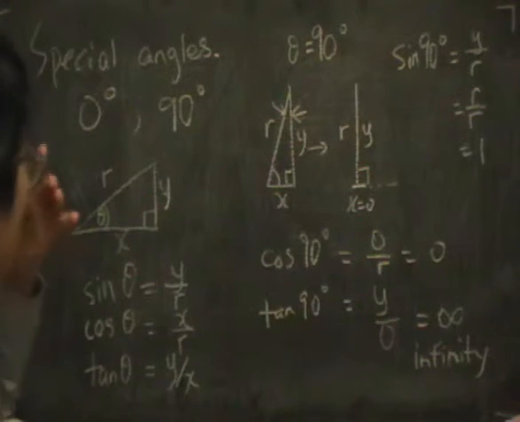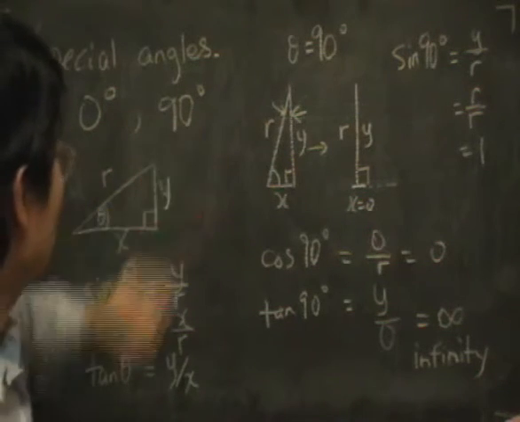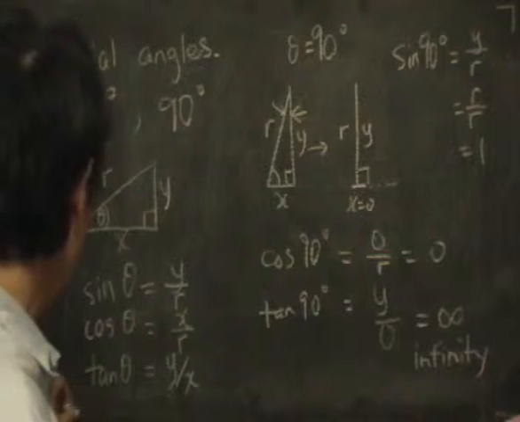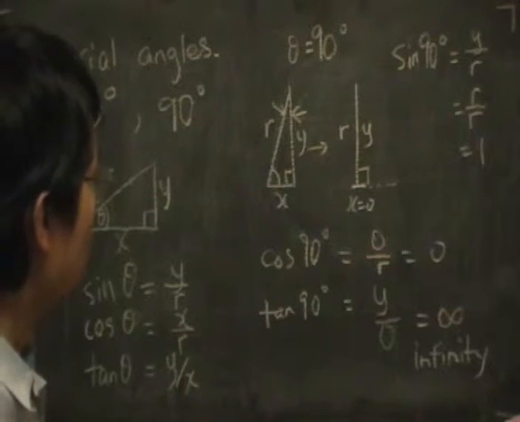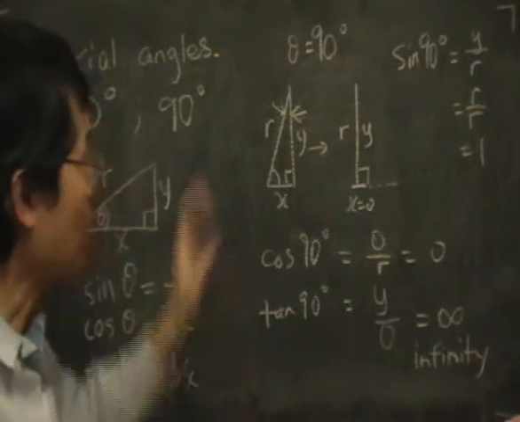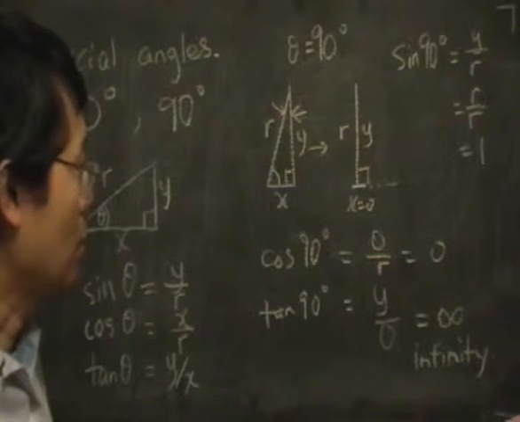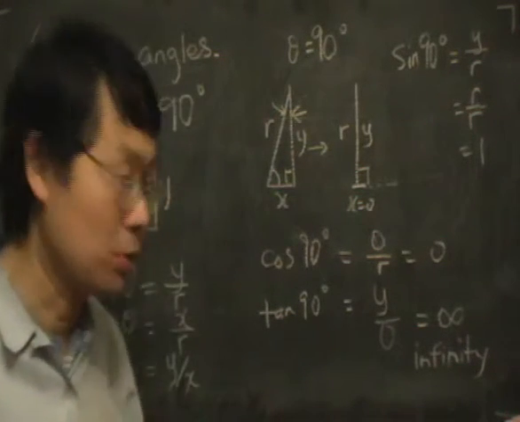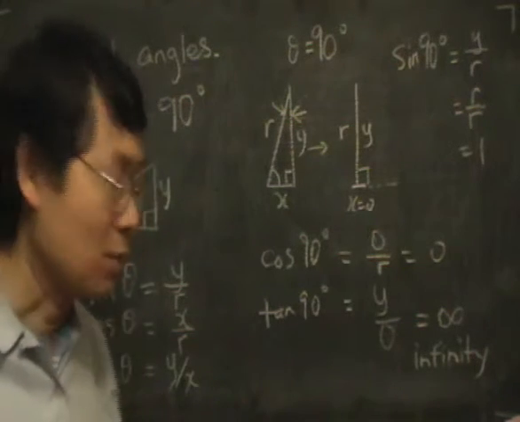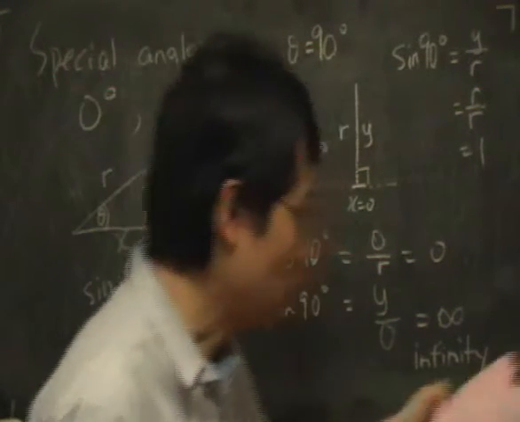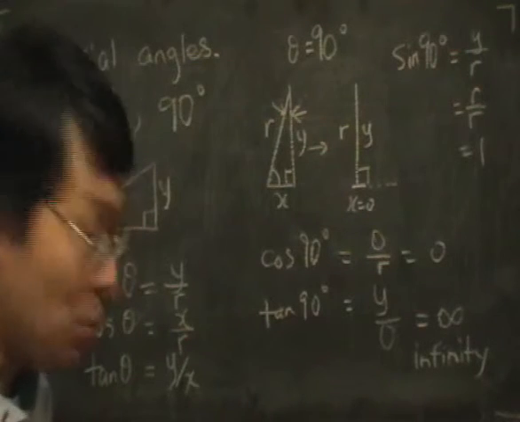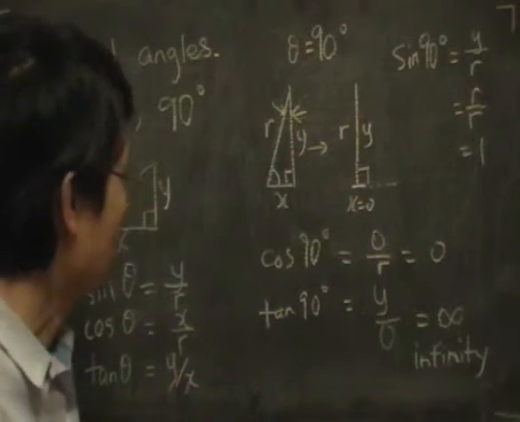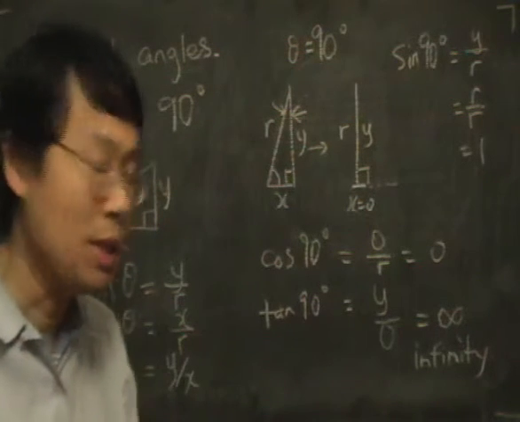So we have just looked at two special angles, 0 and 90 degrees, and we've seen how to find the answer just by looking at the picture. And again, of course, you can also find all these with a calculator if you really cannot remember what the answer is. But you might get questions which actually ask you to make use of these special angles directly.